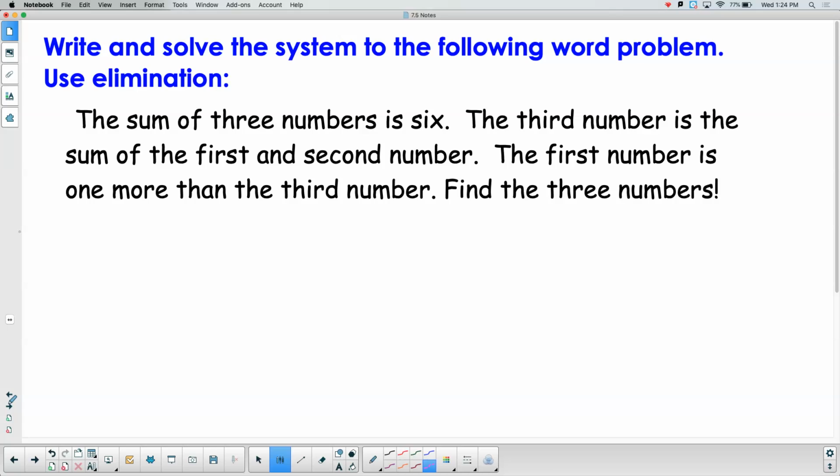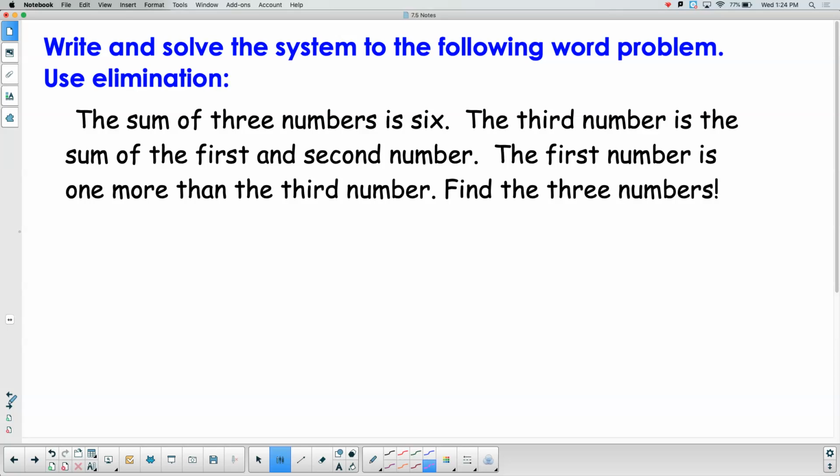Sum of 3 numbers is 6. Third number is the sum of the first and the second number. First number is one more than the third number. Find the 3 numbers. Okay? So now what?